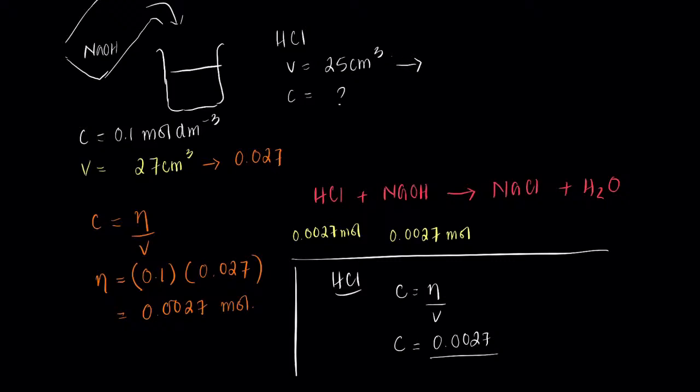The volume isn't given to us in centimeter cube. I'll convert it into decimeter cube because I want to keep that consistent. It's going to be 0.025 decimeter cube. And I was given the answer by Messam, who's saying it has to be 0.108 mole per decimeter cube.